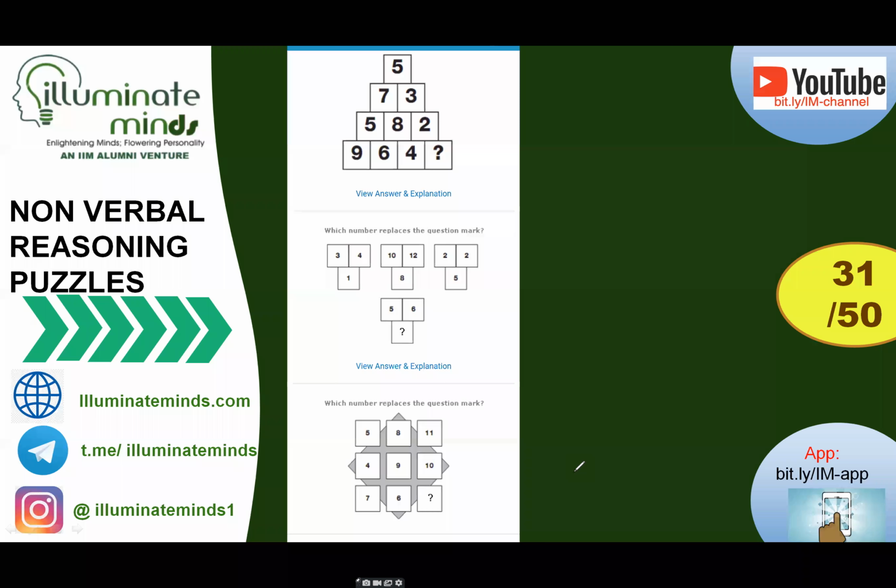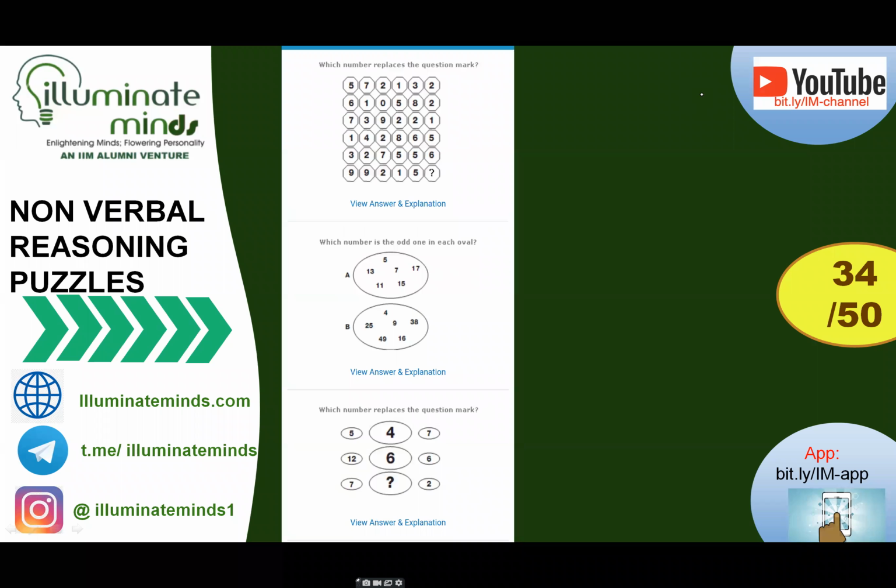Okay. So let's move to the next one, guys. So what will happen in this case? If you add the digits of the first row, this is 5 plus 7 plus 2 plus 1 plus 3 plus 2.